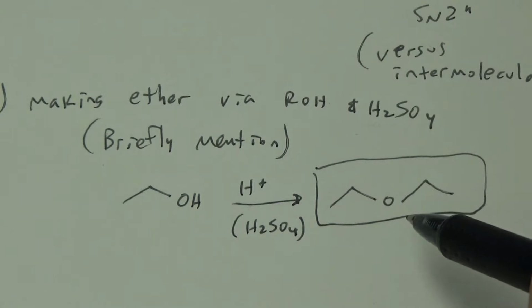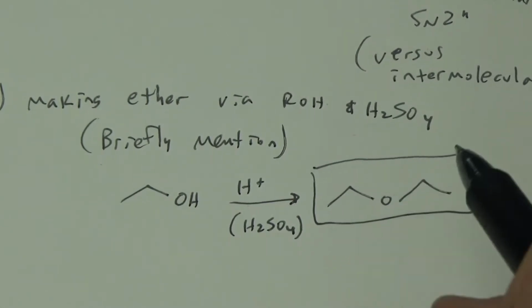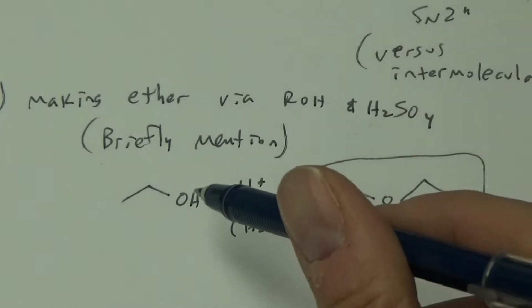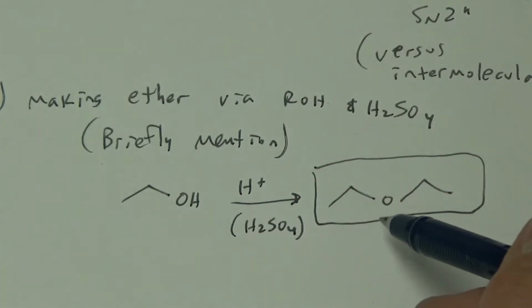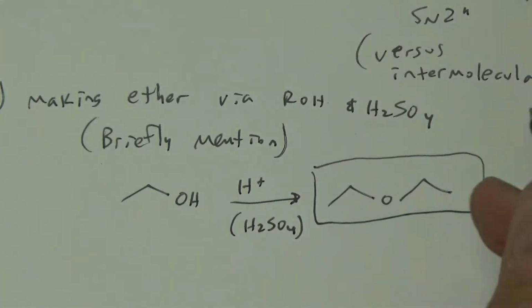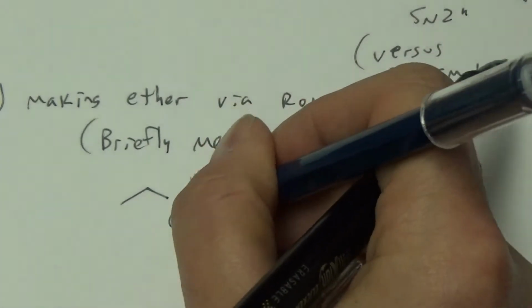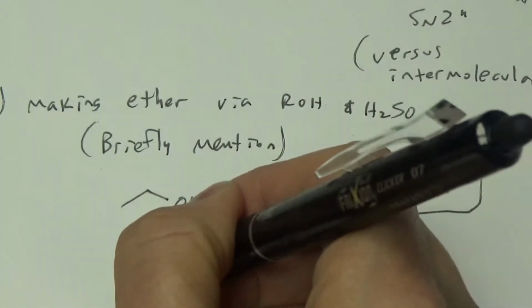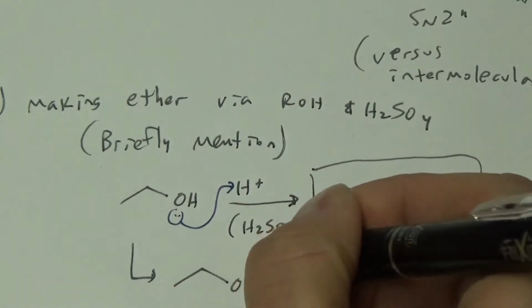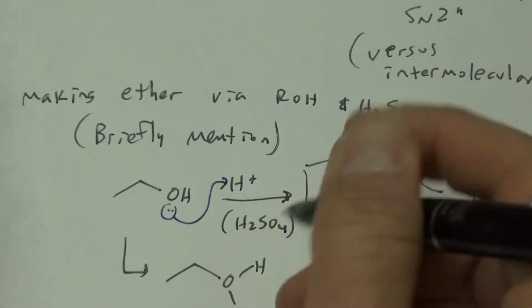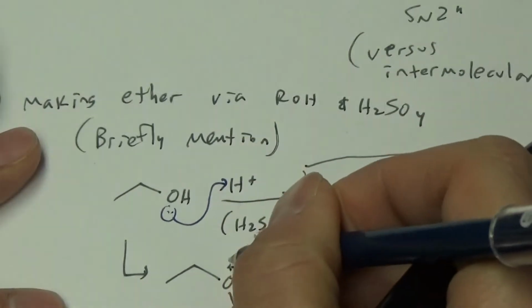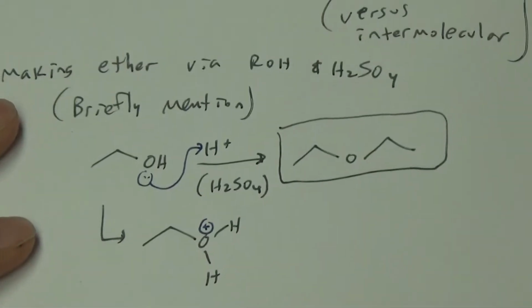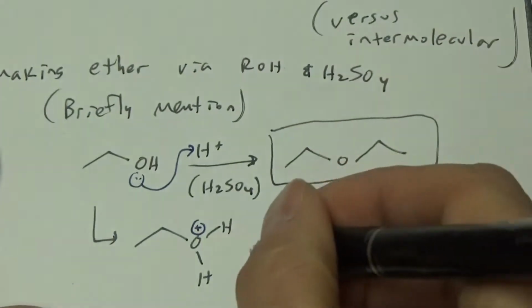So how does it work? This is going to be an SN2 reaction, but we need a good leaving group and we need a nucleophile, right? So first one of these reacts with H+, and protonates the oxygen and makes a good leaving group.